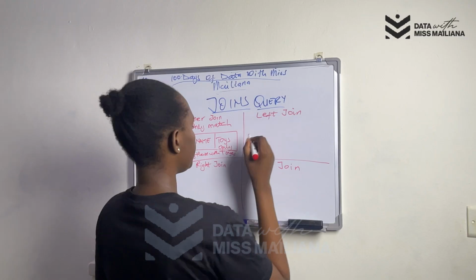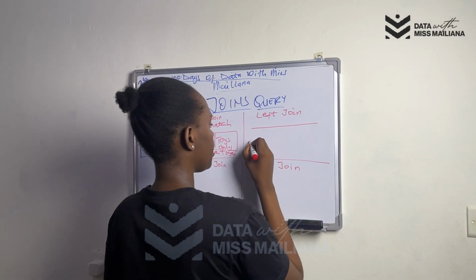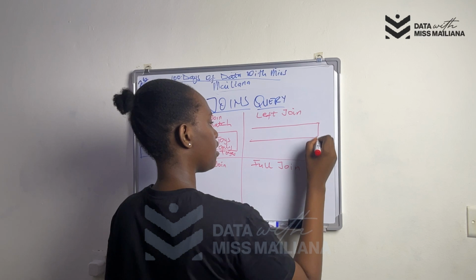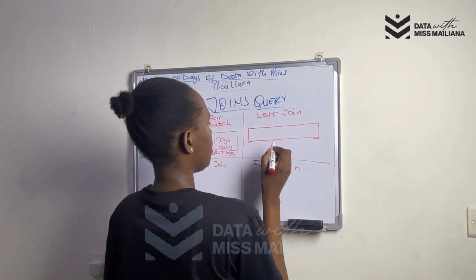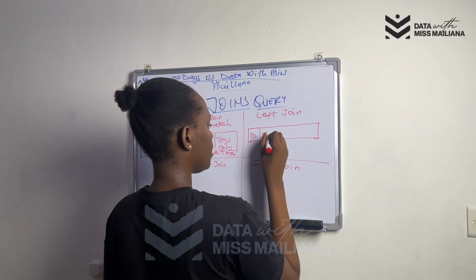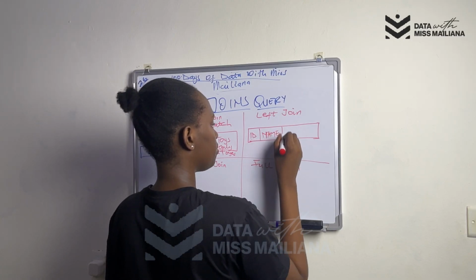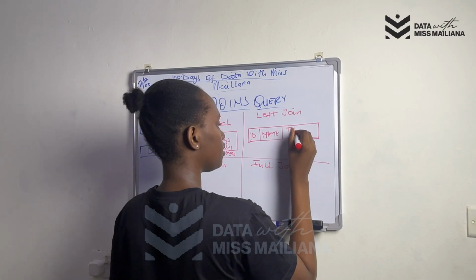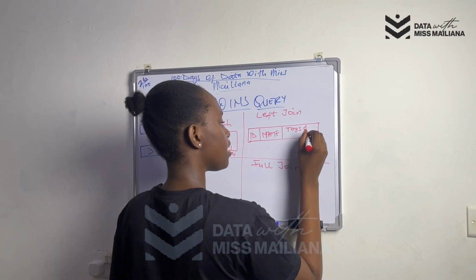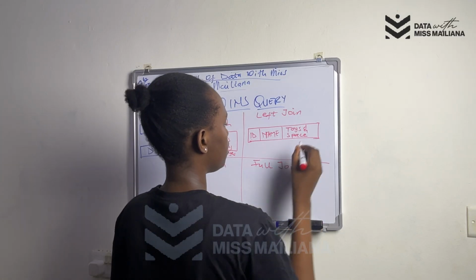So the left join keeps the ID, name, and toys, plus space, right?